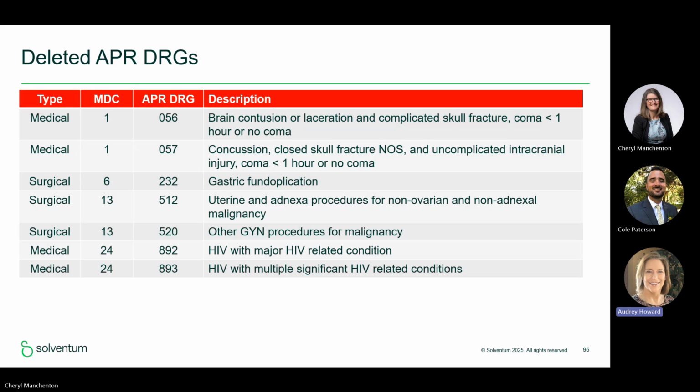You'll see later that they were actually revised. The title was revised, so you'll see where they were shifting around to the existing APR DRGs. And then in 24, the new HIV one that was created, they're deleting these 2. They basically combined APR DRGs 892 and 893 into the newly created one that we showed on the previous slide.